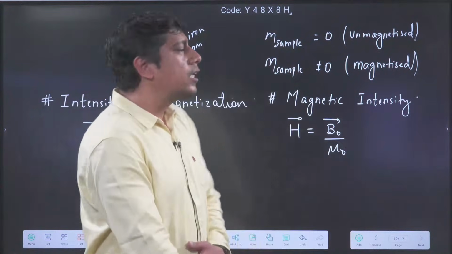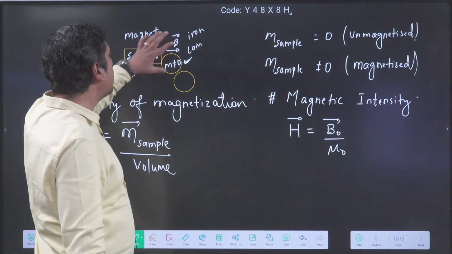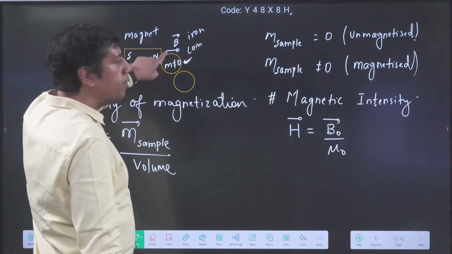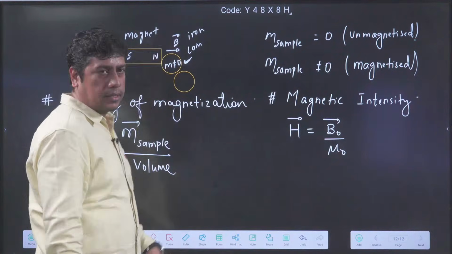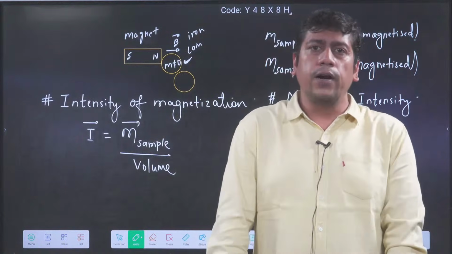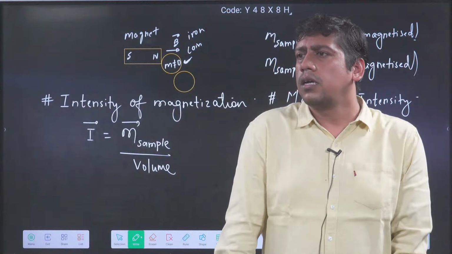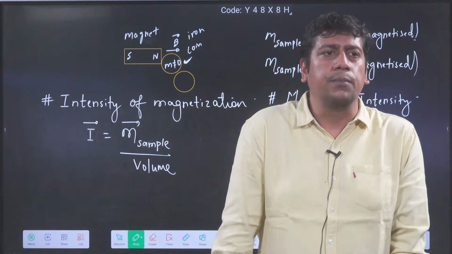Intensity of magnetizing field tells us how strong this B vector is, which is responsible for the magnetization of this coin. So H tells us about the cause, the magnetic field which is responsible for the magnetization. I talks about the effect, how strongly a material is magnetized.